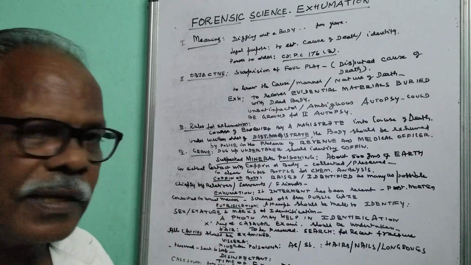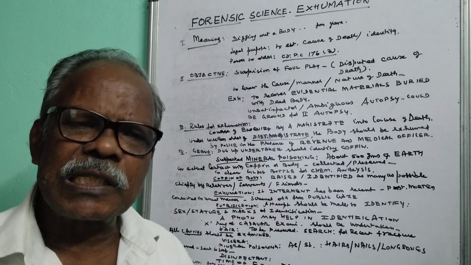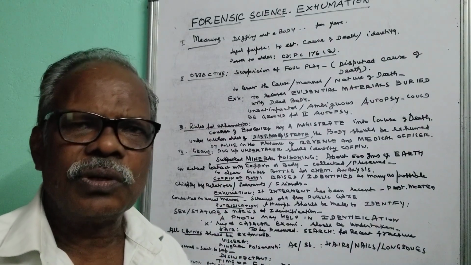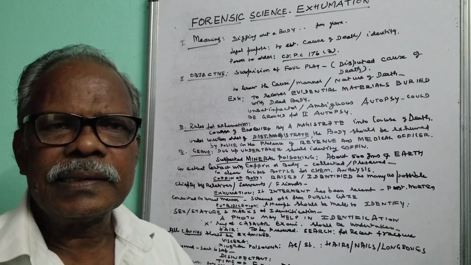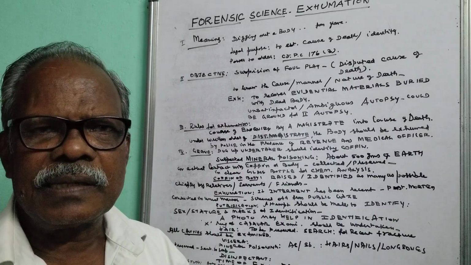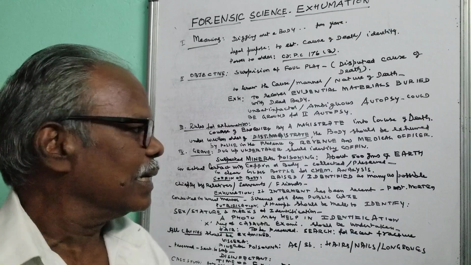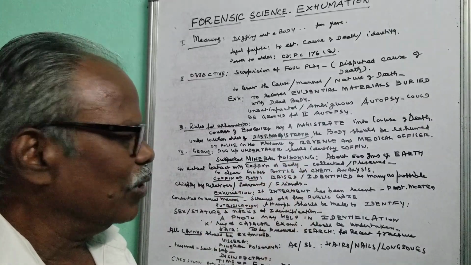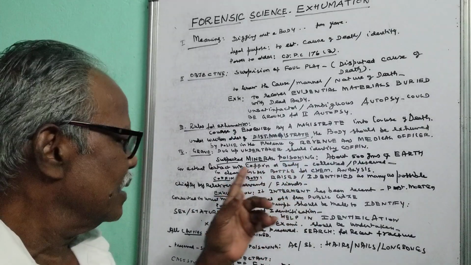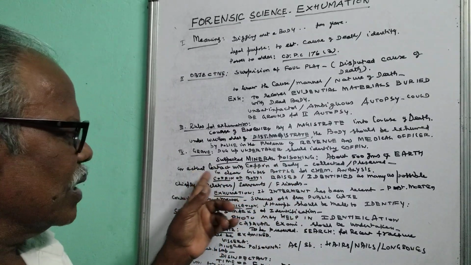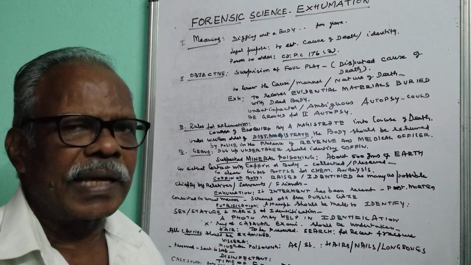Sometimes mineral poisoning is suspected. When mineral poisoning is suspected, about 500 grams of earth in actual contact with the coffin or body should be collected.